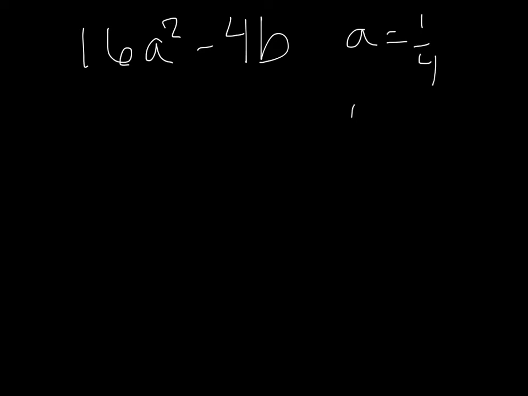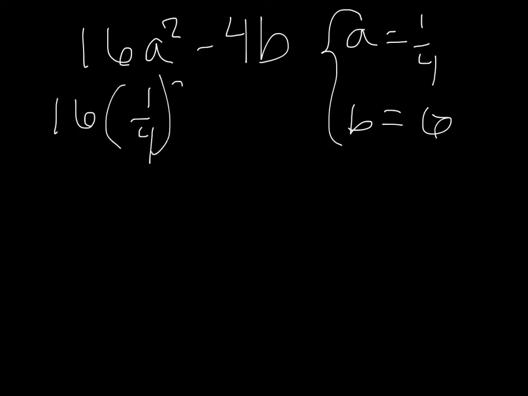Let's look at just one more, though, that's similar. If we have 16a squared minus 4b, and we want to evaluate this for a equals 1/4 and b equals 6. So we have 16 times (1/4) squared minus 4 times 6.